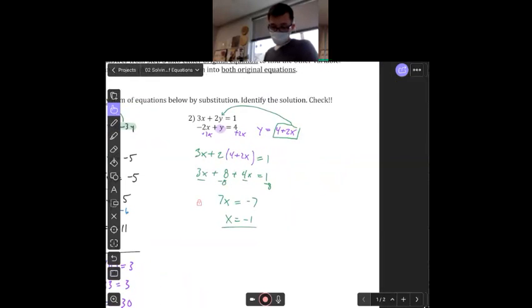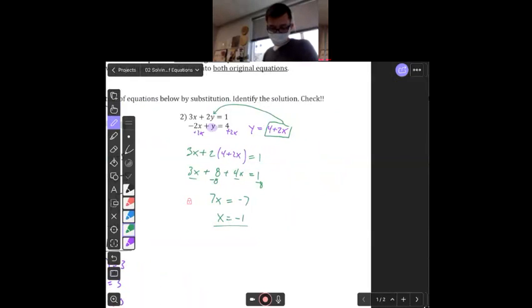Connor, what should we do with that -1? Don't need to do both. Just need to do one when we're solving. Connor wants to plug it into the top one, so 3 times -1 plus 2y equals 1.